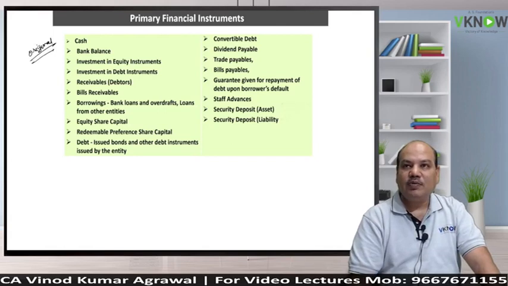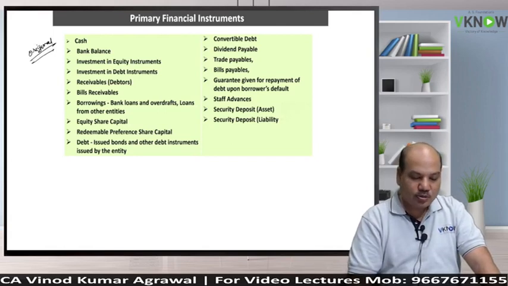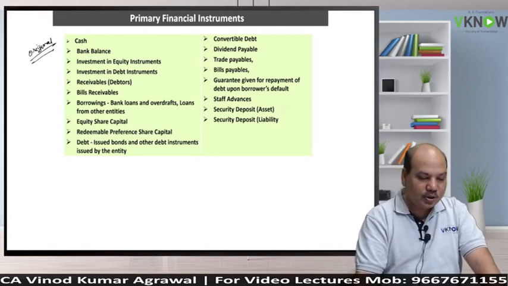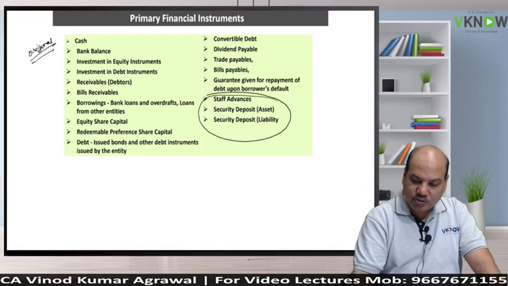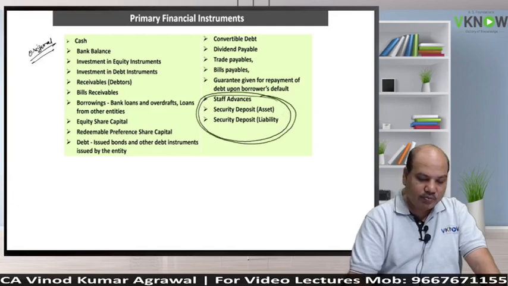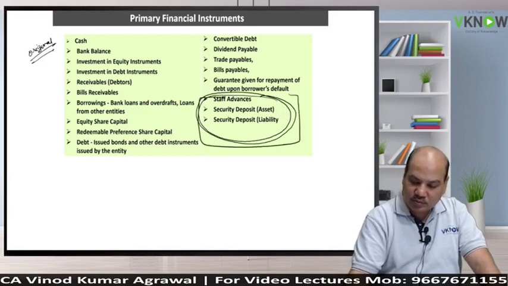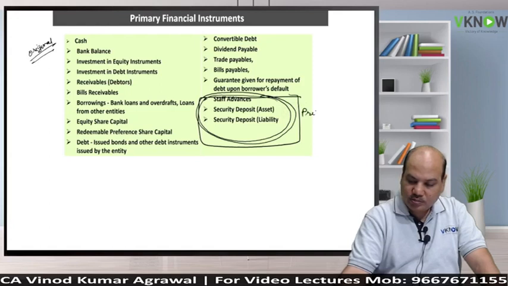There is a long list of primary financial instrument. In your book, these three items which are printed probably on the derivative column, you shift to primary column, or you can just mark this as last three primary.